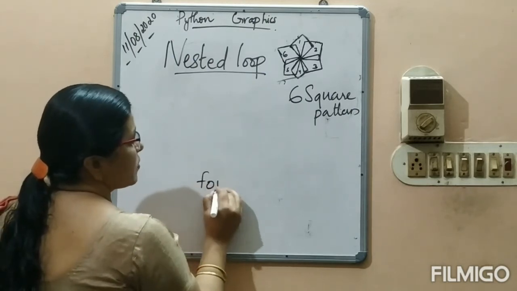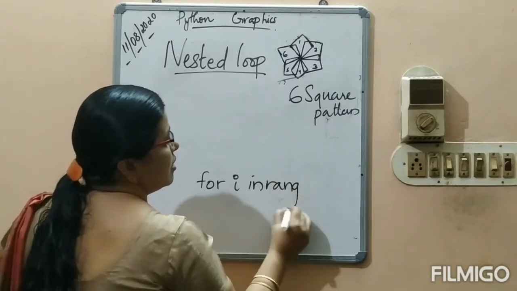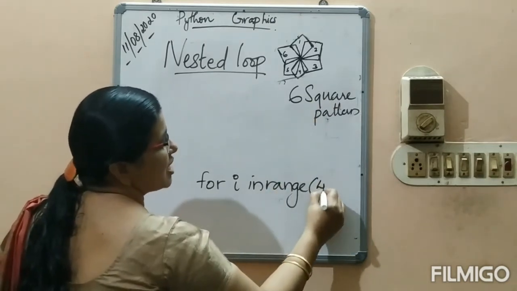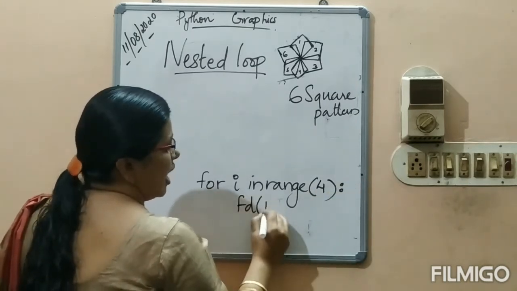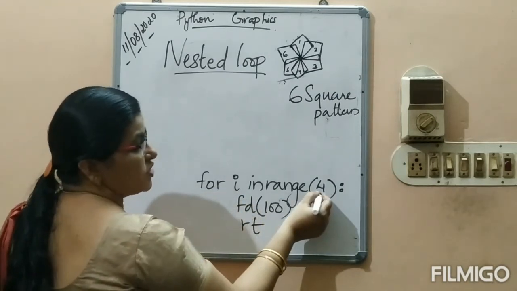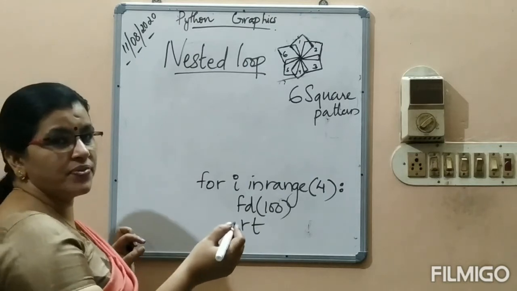For i in range, inside the bracket. For a square, how many sides are there? 4. Then FD 100. RT how much? If it is 4, what is the RT? 360 divided by 4. That is 90.